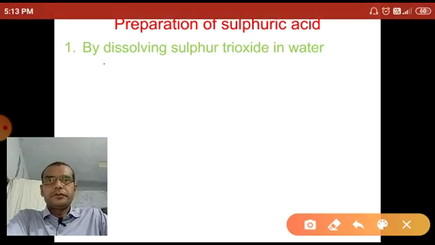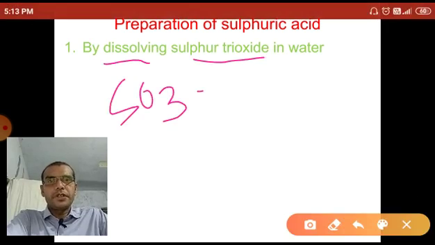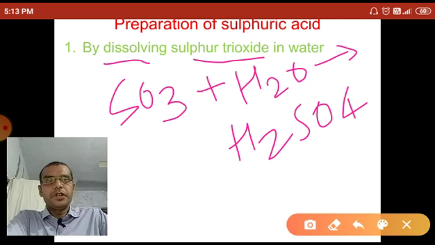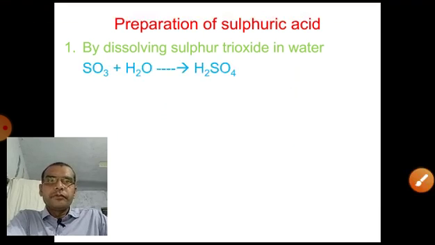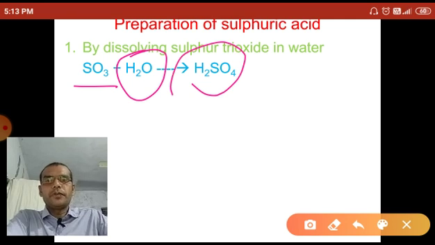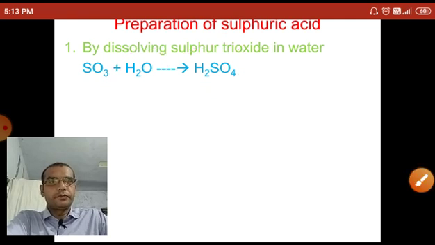By dissolving sulfur trioxide, SO3, in water, it forms sulfuric acid, H2SO4. Let's see the reaction. SO3, sulfur trioxide, when dissolved in water, forms sulfuric acid, H2SO4.